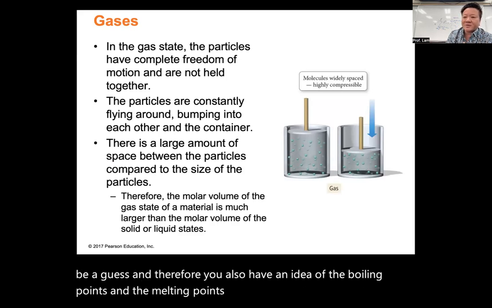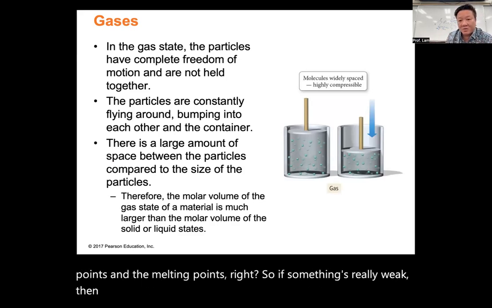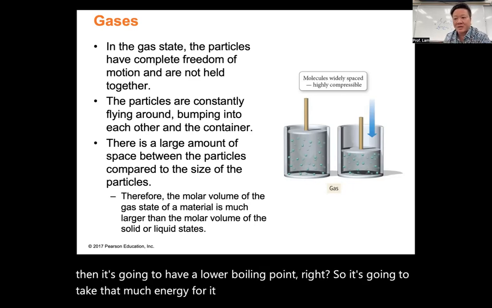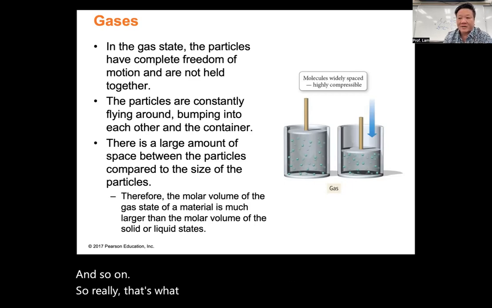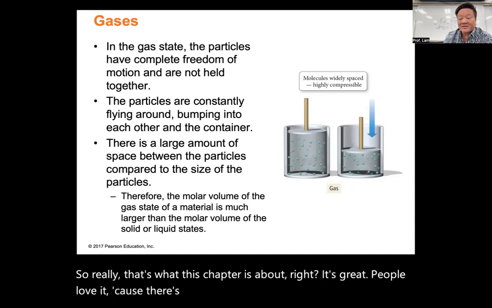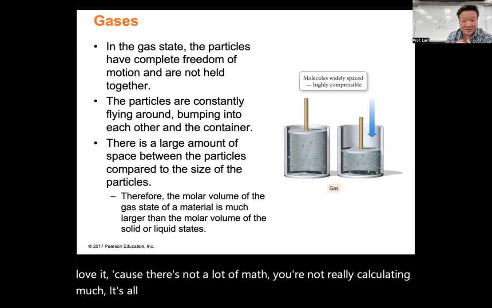If something's really weak, then it's going to have a low boiling point, so it's not going to take that much energy for it to boil, and so on. So really, that's what this chapter is about. People love it because there's not a lot of math. You're not really calculating much. It's all qualitative assessment of the IMFs.